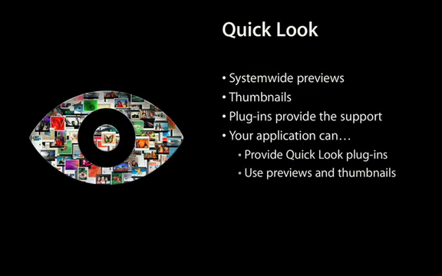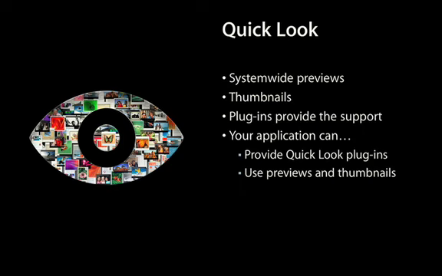The next technology that I wanted to talk about is Quick Look. Quick Look provides system-wide previews and thumbnails, and it's used in a number of places. So Finder uses it to provide system icons, it uses it for the cover flow view, and both Finder and Mail, for example, let you preview content directly within the applications using Quick Look.